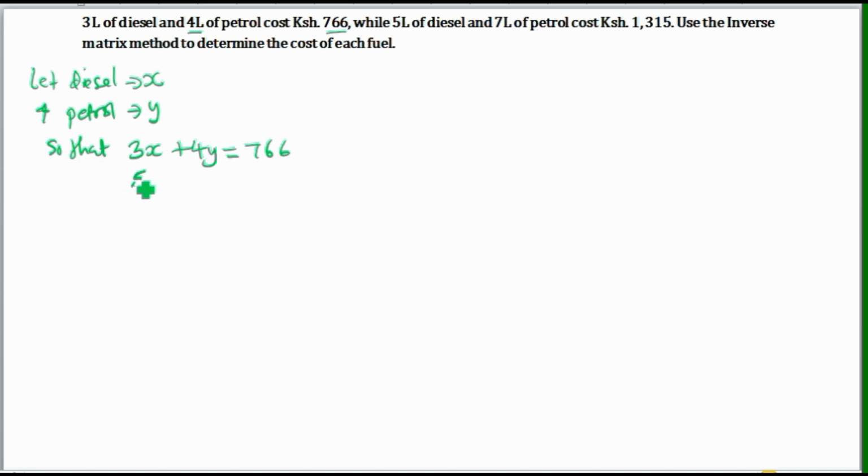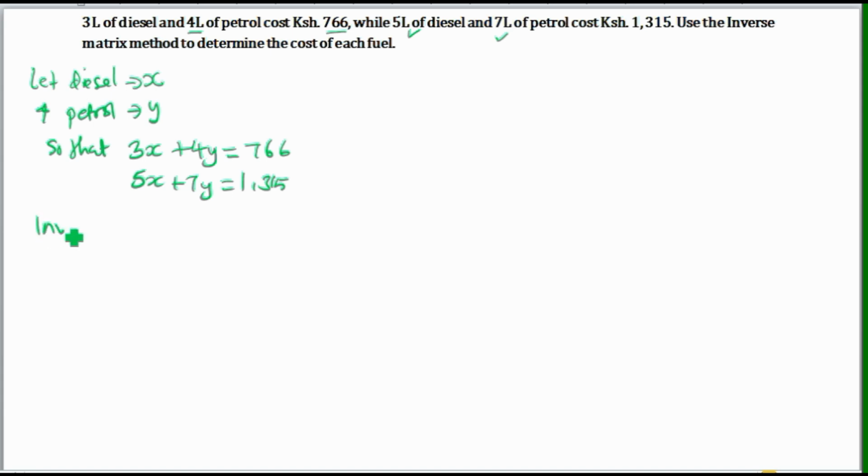And 5 liters of diesel and 7 liters of petrol equals 1,315 shillings. Now the question wants us to use the inverse matrix method to determine the cost of each fuel.